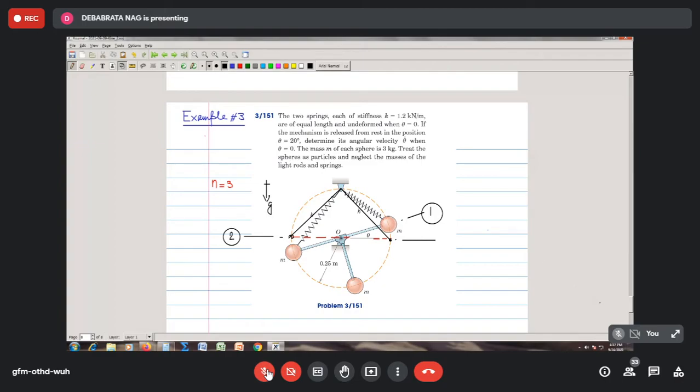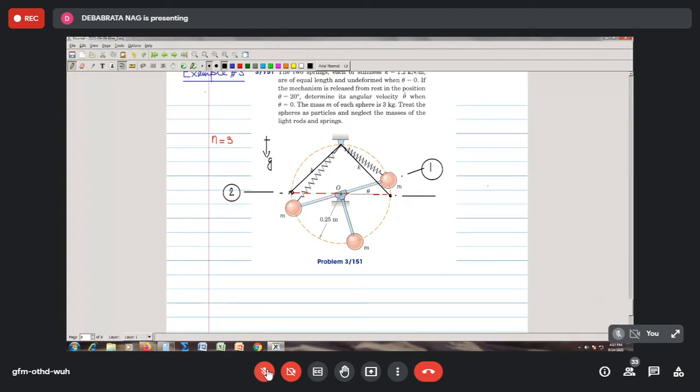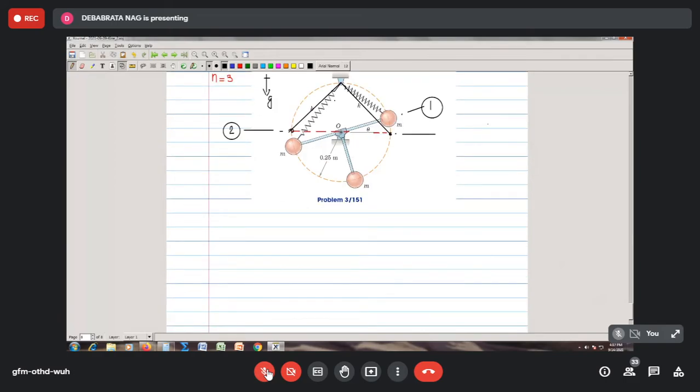Very good. So again we write the equation and we note here that there are no forces, because there is no bearing friction here; in the bearing there is a chance that a frictional moment may act.